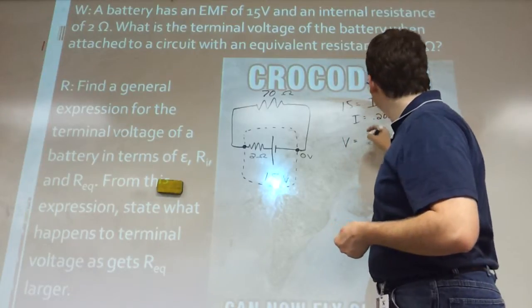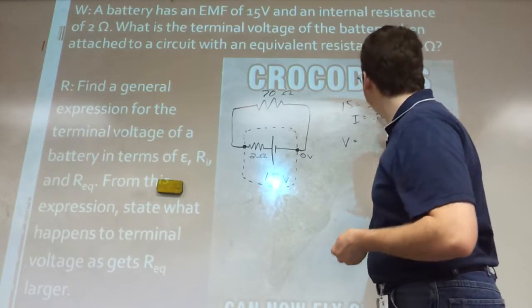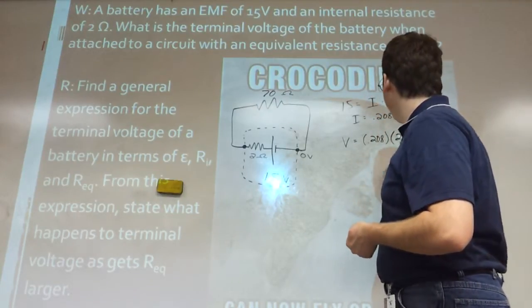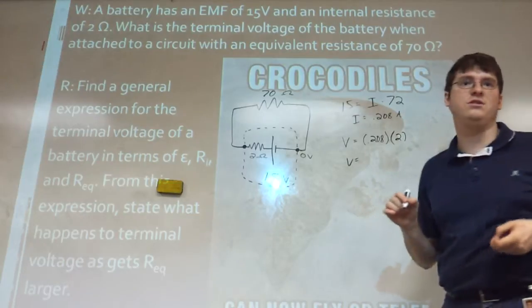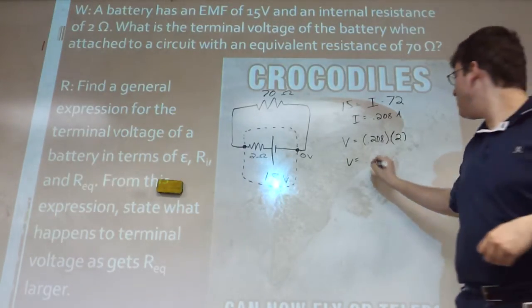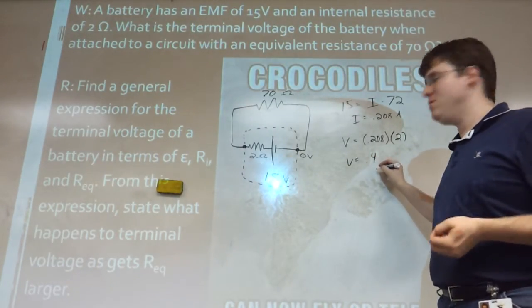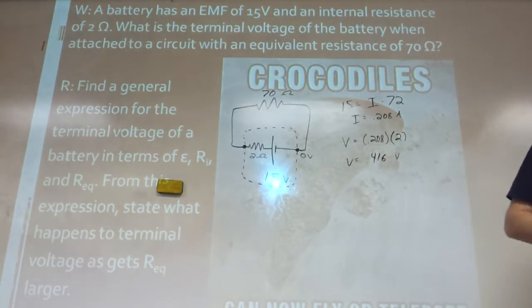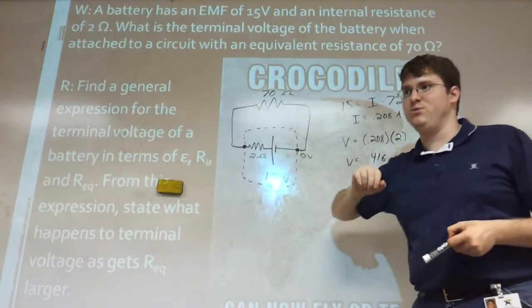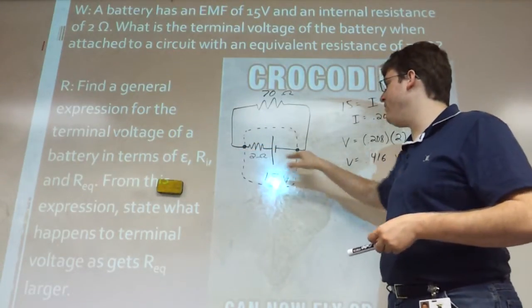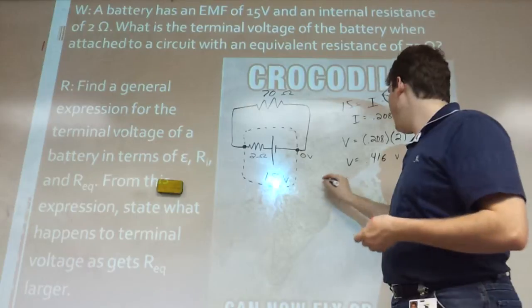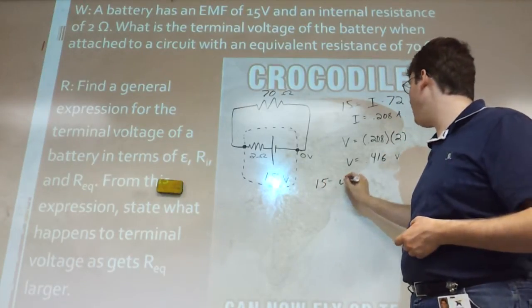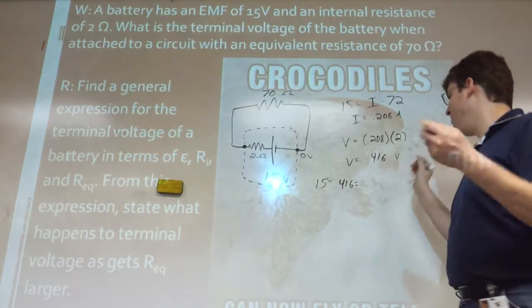V equals 0.208 times 2. So what's the potential drop across that resistor? 0.416 volts. Okay, so that's the drop across this resistor. My total potential difference is going to be 15 minus the drop here, 0.416.